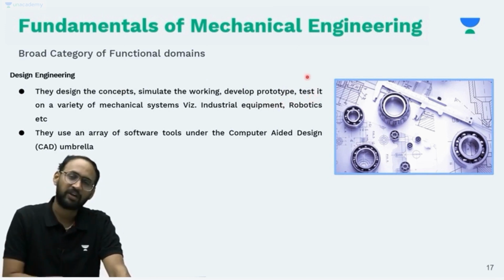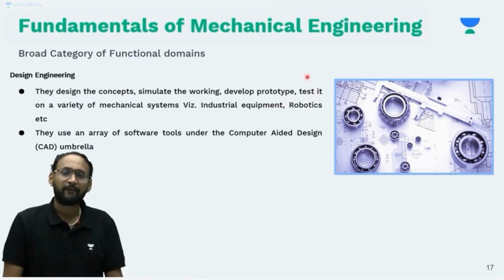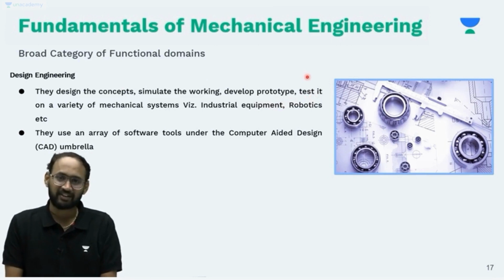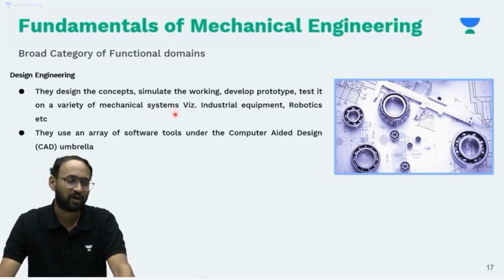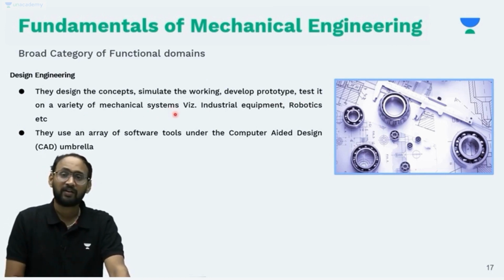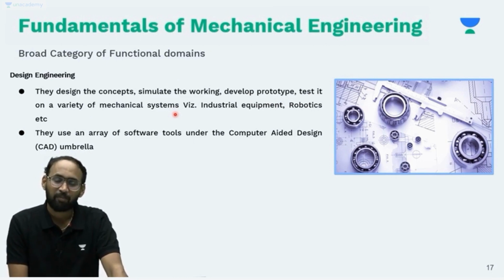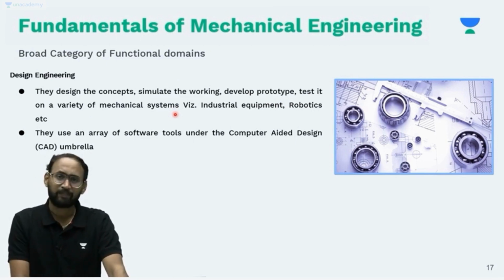So you could do functional testing, and you could also do safety testing to make sure it's pretty safe for the end users. So you test it on a variety of mechanical systems, or on different test rigs, and you derive the product characteristics or the working characteristics of the particular product.